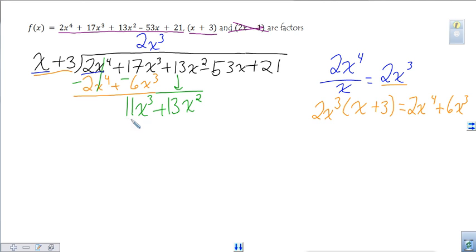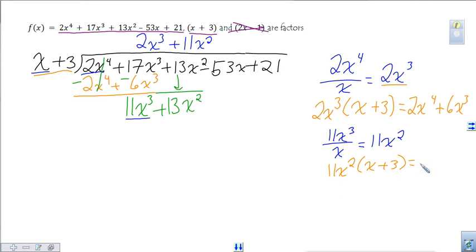So we're going to divide this guy by x. 11x to the 3rd divided by x gives you 11x squared. That goes up top. It's just very procedural. And then we are going to distribute this guy with this guy. So 11x squared times x plus 3.